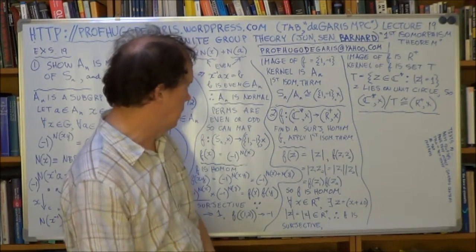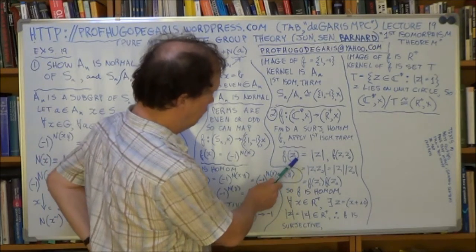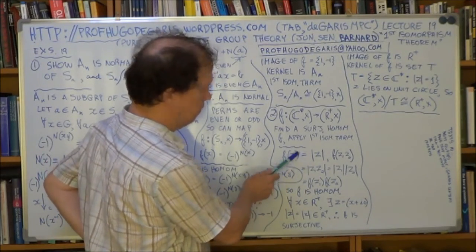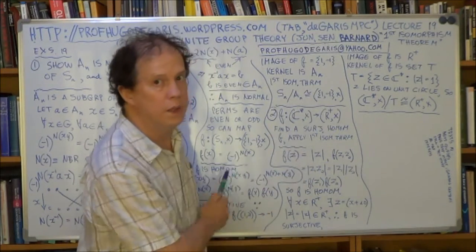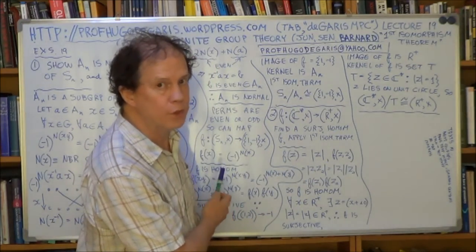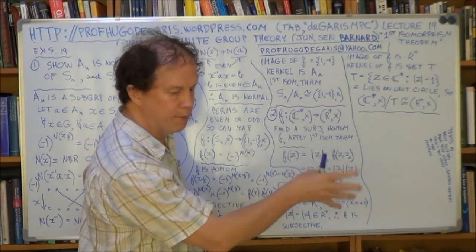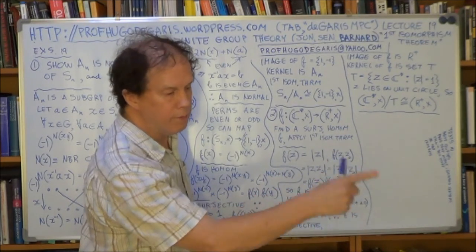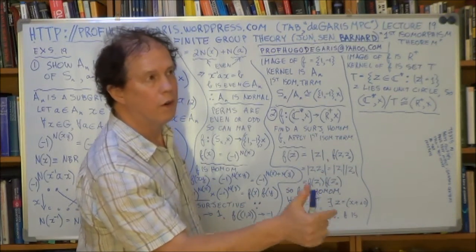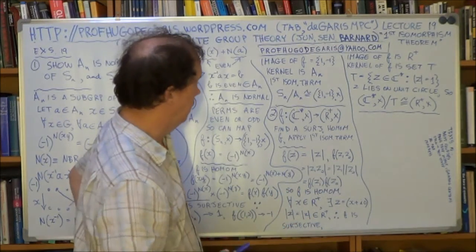How about the kernel? Which z's map to 1? The kernel is the subset of your domain, your starting group, that maps to the unit of the codomain, the target group.